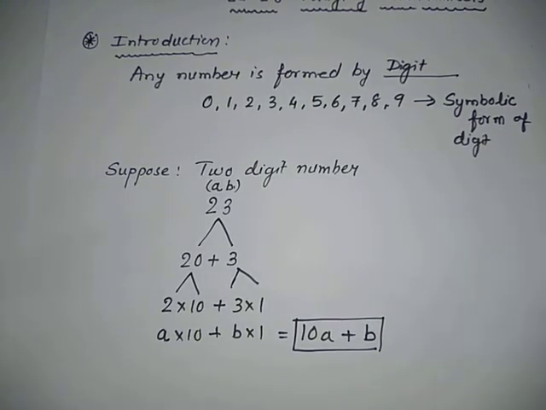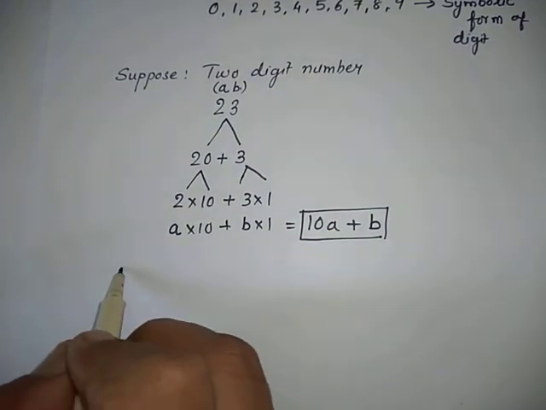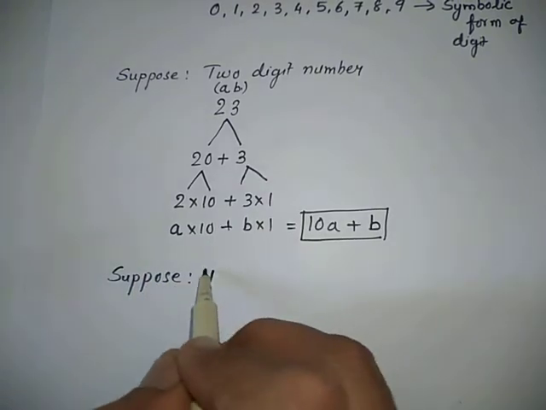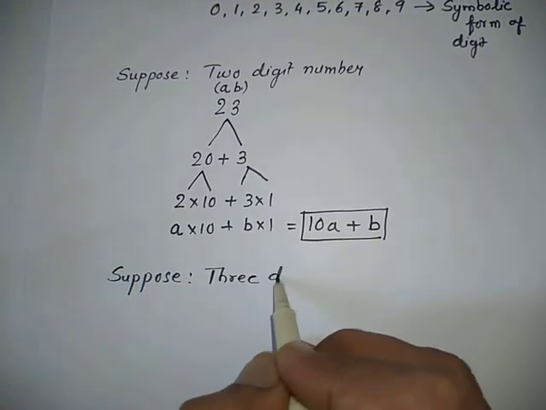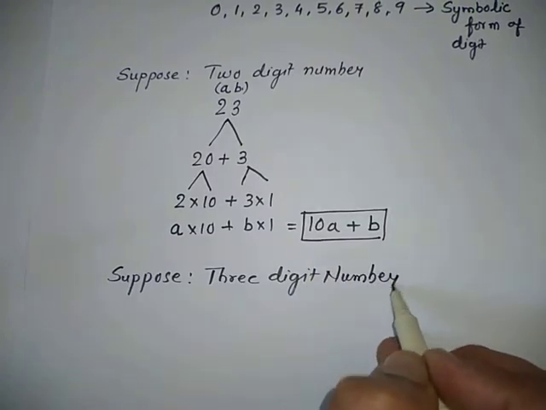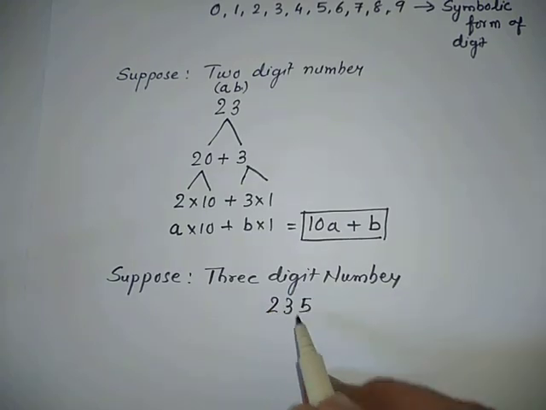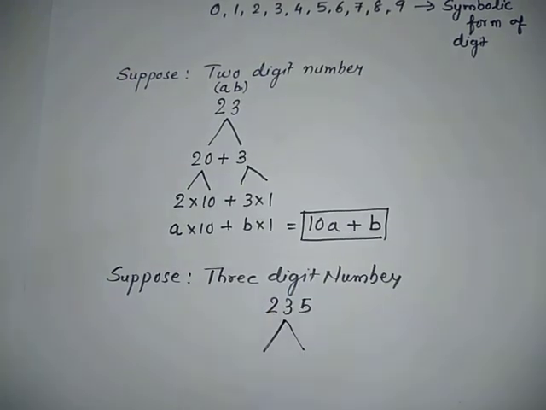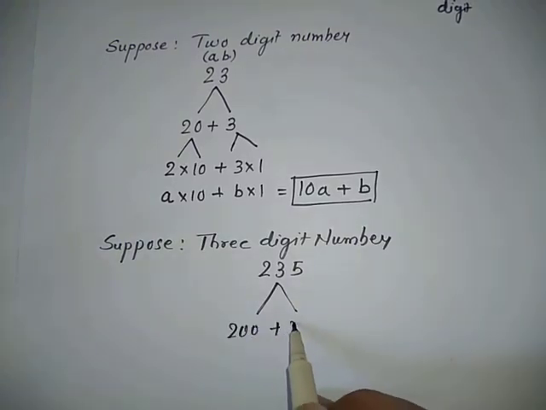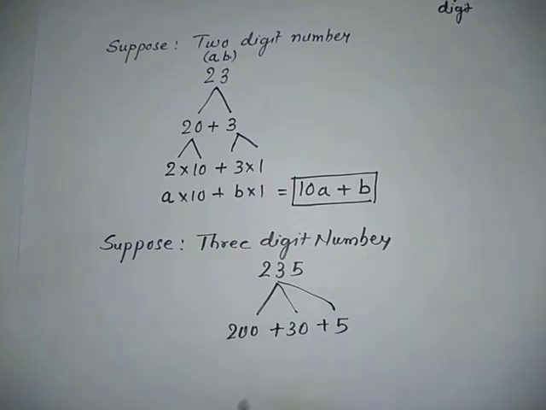Same way we can proceed for a three digit number also. Suppose a three digit number, that is, we can take 235. So we can split it, that is 200 plus 30 plus 5.